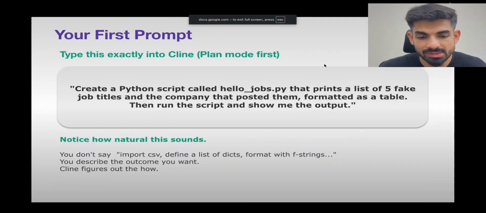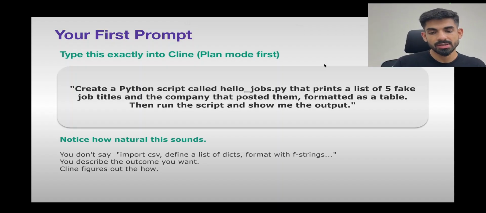Let's understand how we can write our first prompt. A prompt means something that we write in English, that we want our agent to plan. You can see I have already written this first one for you. Later on, with time, you will understand how to write these English commands.